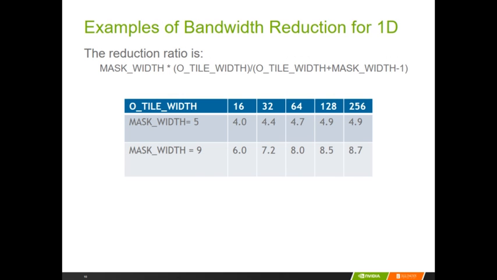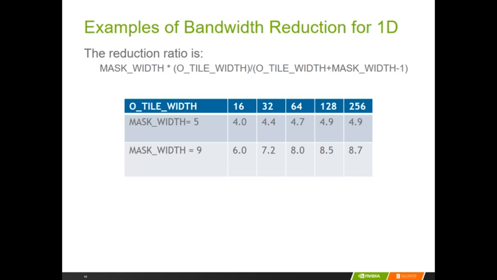This slide illustrates the importance of tile size with respect to the memory bandwidth reduction. In the table we show two different mask widths, 5 and 9. We show the reduction ratio for different output tile widths.